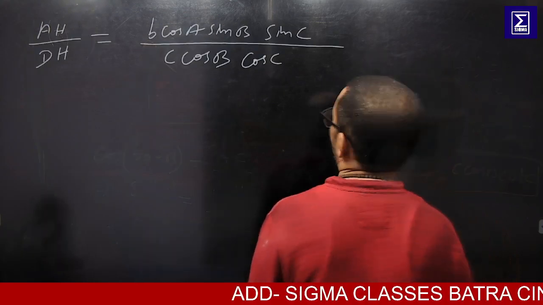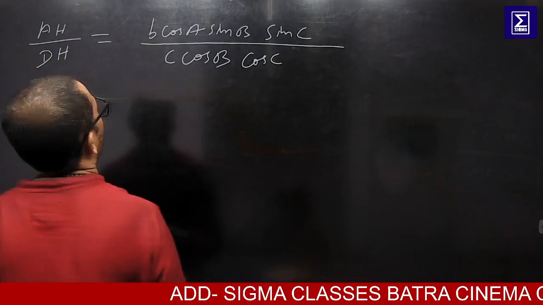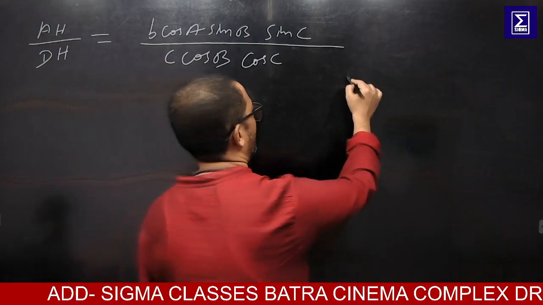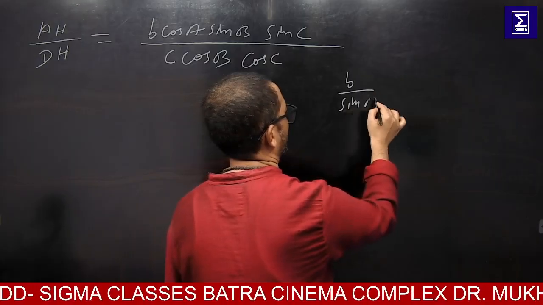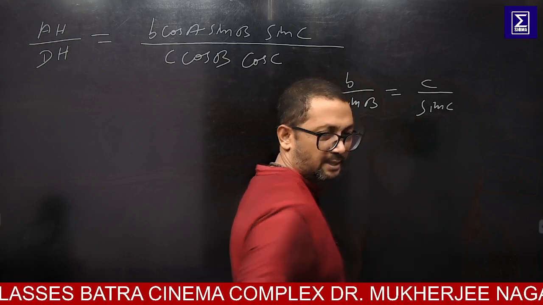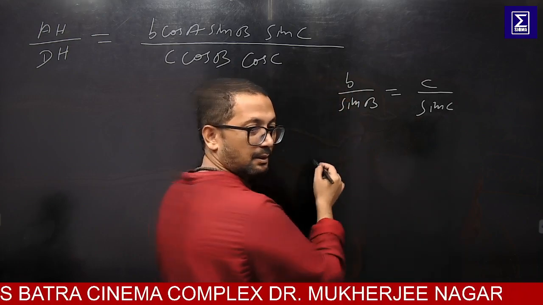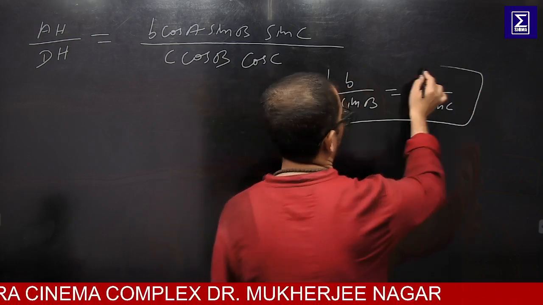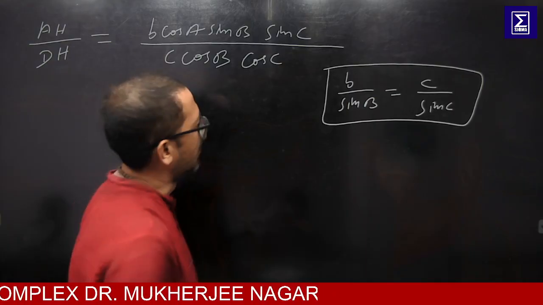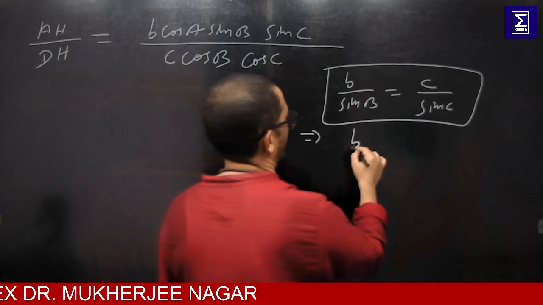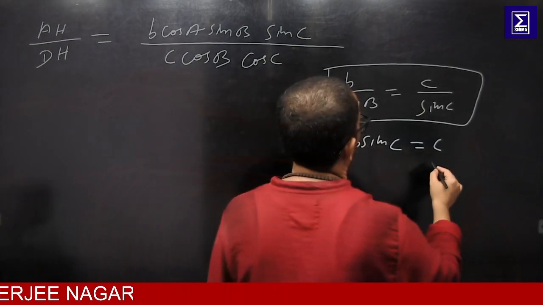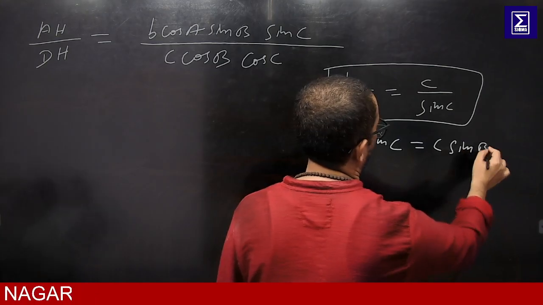Okay, moving to the next. Now see here. b upon sin B is equal to c by sin C is equal to a by sin A. Are you aware of that? In trigonometry, a upon sin A is equal to b by sin B. So we can write here b sin C is equal to c sin B, right?